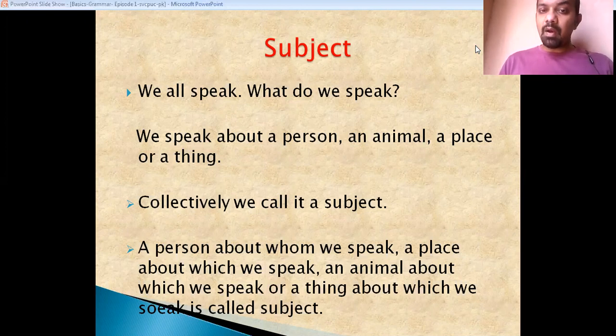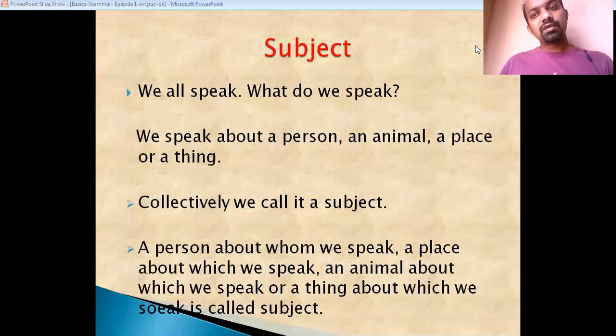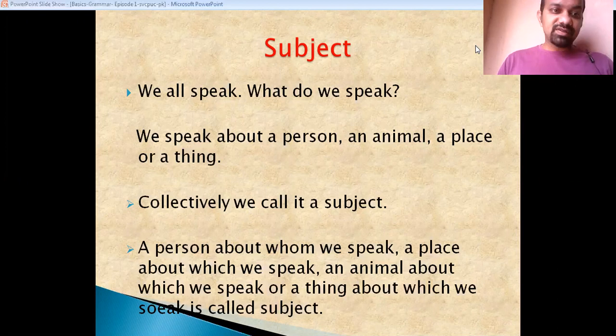We speak about a person, or we speak about an animal, a tiger, cat, a dog, etc. We speak about a place: Gol Gumbaj, Hampi, Taj Mahal, Mysore Palace, and so on. Or we speak about a thing. Collectively, we call it the subject.